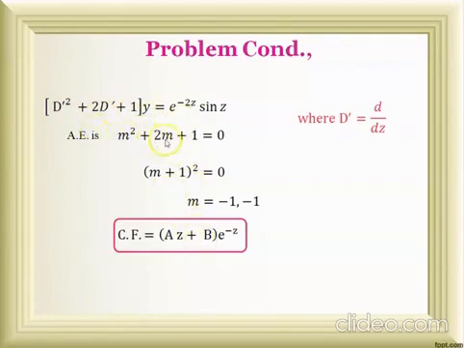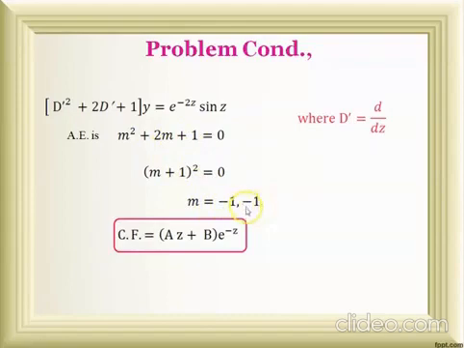For that, I am writing the auxiliary equation. As in the previous method, I need to replace the derivative with m. So m square plus 2m plus 1 is equal to 0. After finding the roots of this equation, I get m is equal to minus 1, minus 1. Here the roots are repeated.